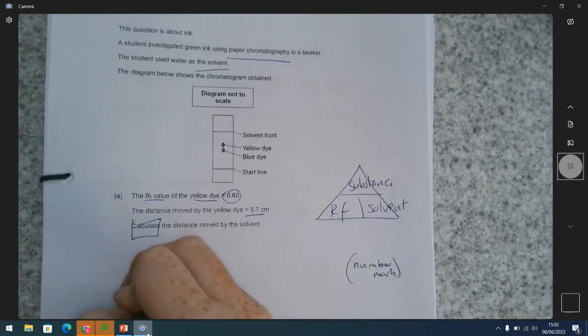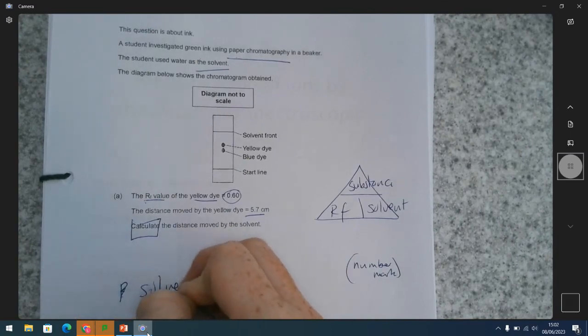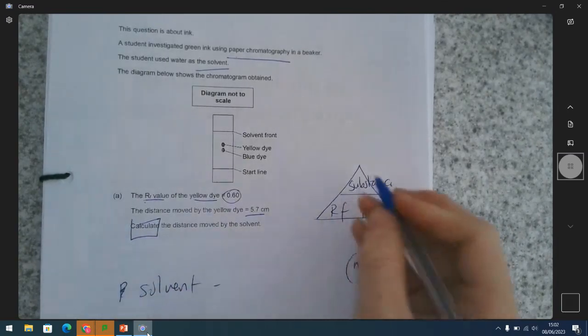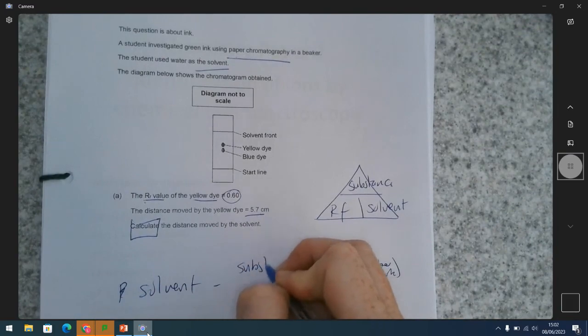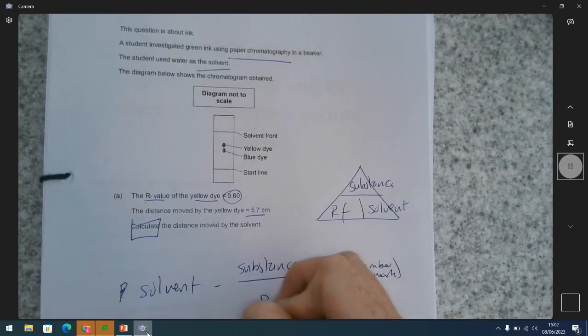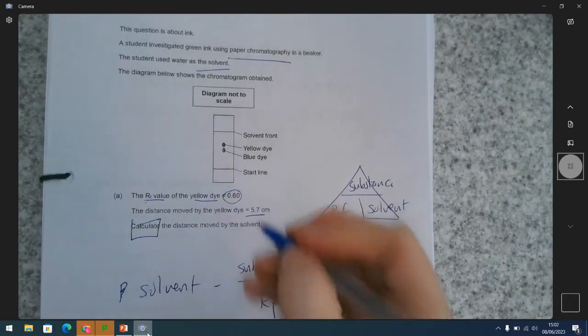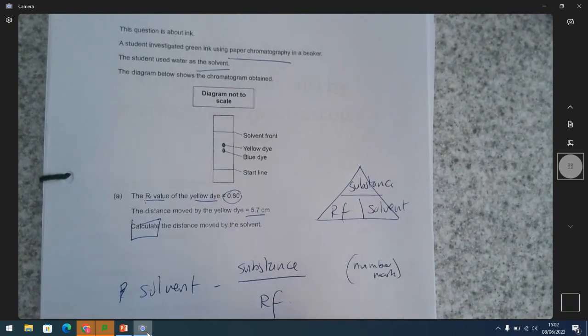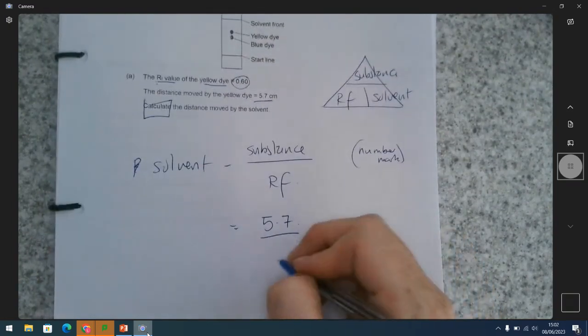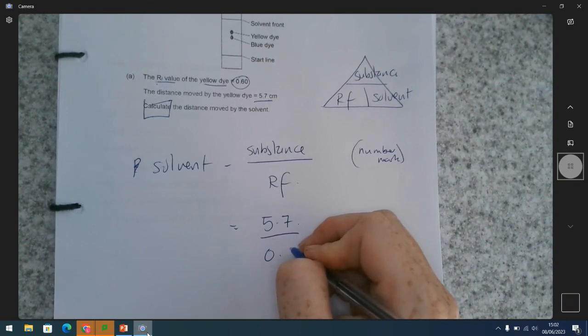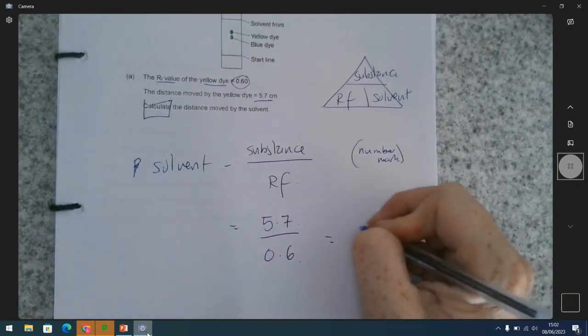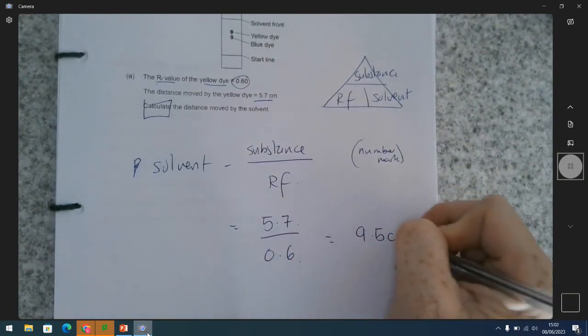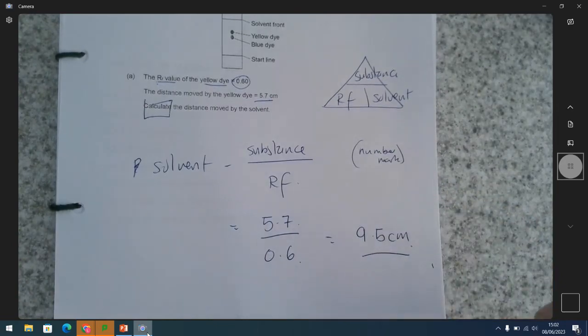So I know that to calculate the solvent distance, I am going to do the distance moved by the substance divided by the RF value. So the distance moved by the substance is 5.7, and I'm dividing that by 0.6, and that would give me a distance of 9.5 centimetres.